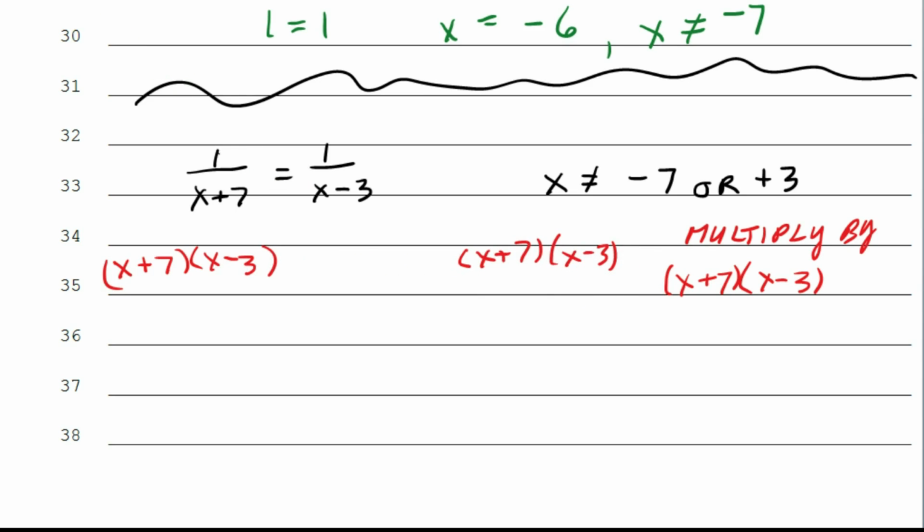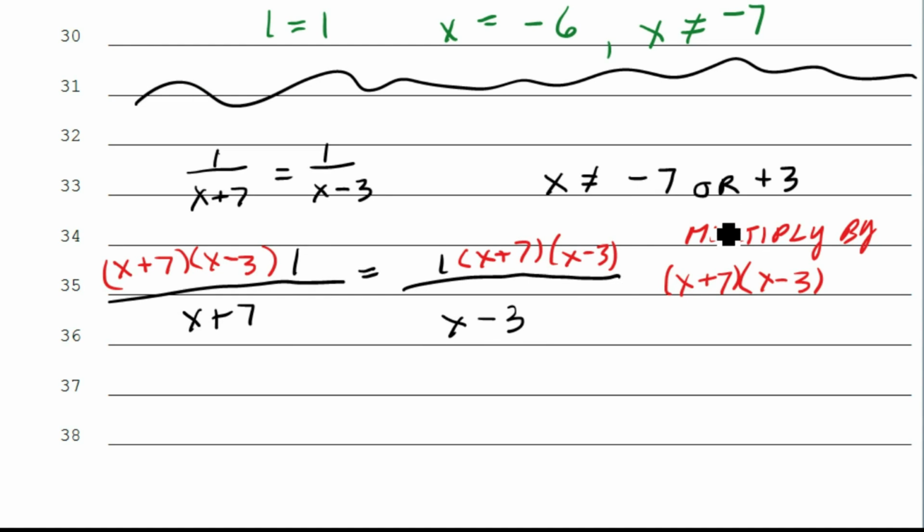Everything else stays the same: 1 over x plus 7 equals 1 over x minus 3. And these cancel out. That's a 1 there. x minus 3 over x minus 3 is 1. And you're left with x minus 3 equals x plus 7.